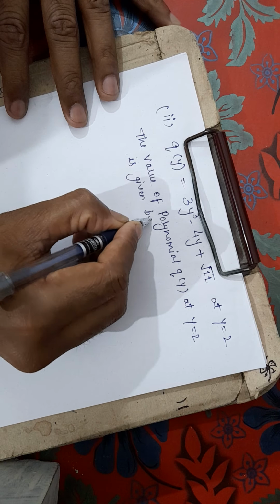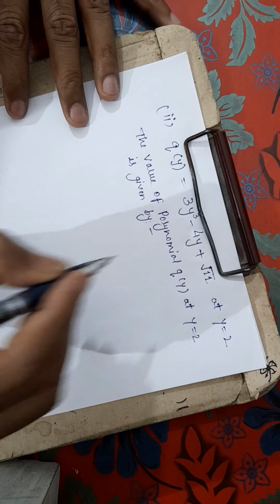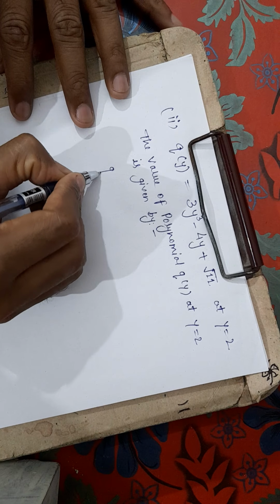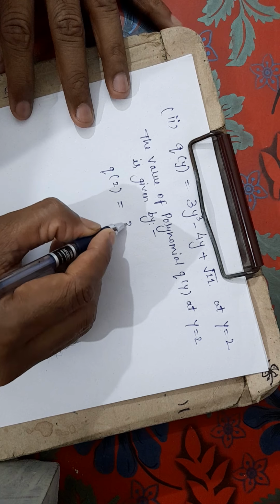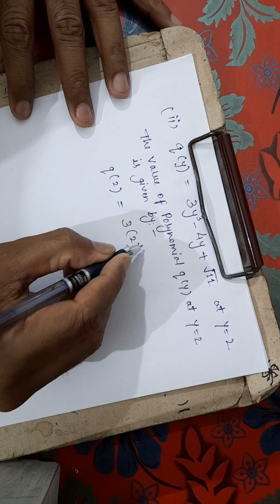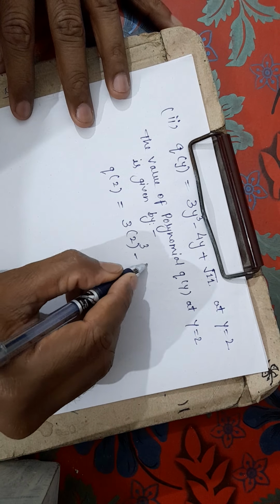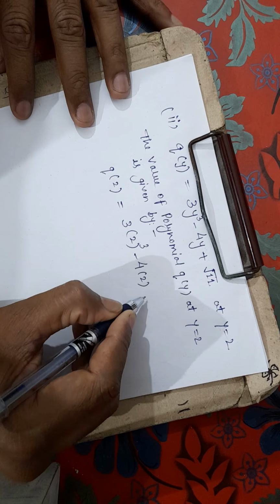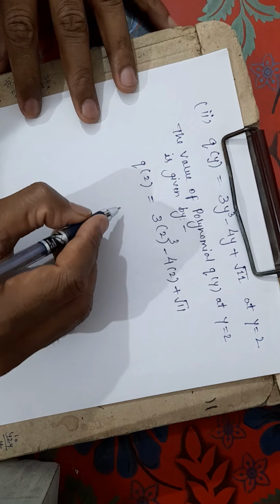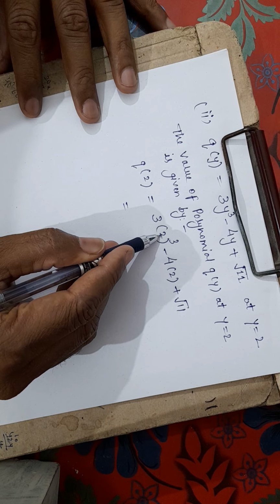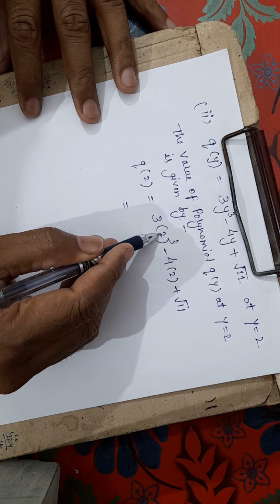so we will follow the same solution process here. In the place of y we will put 2 here. Okay, 3 into 2 exponent 3 minus 4 into 2 plus root 11. Here 2 multiplied 3 times, 2 2s are 4.